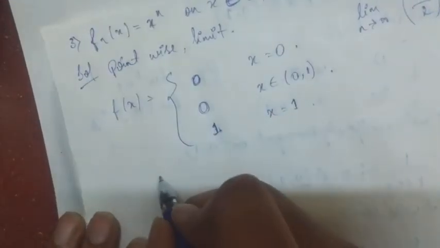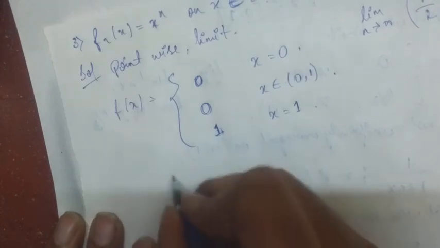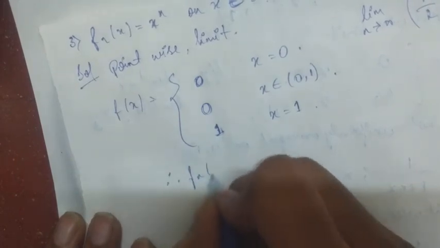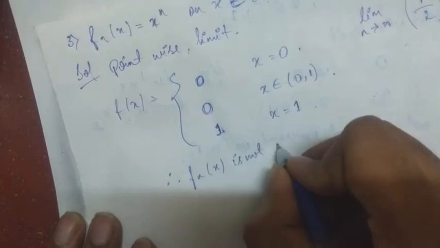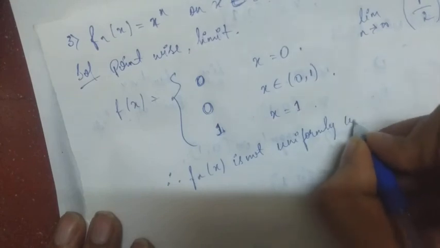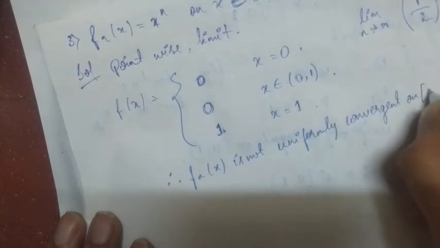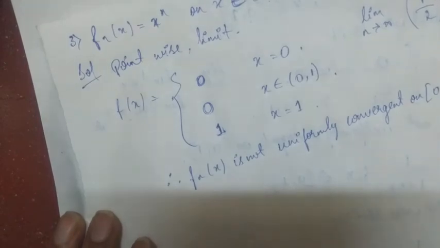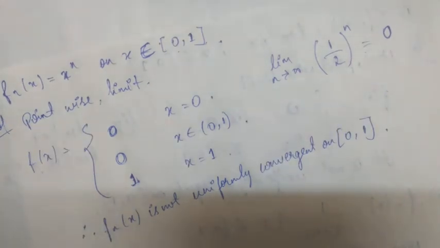We have a discontinuous function, so f_n(x) is not uniformly convergent on the closed interval [0, 1].